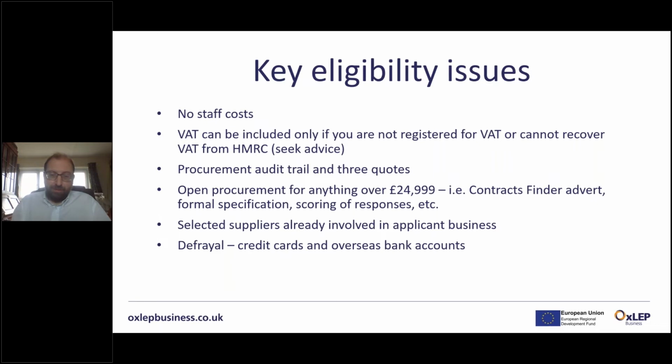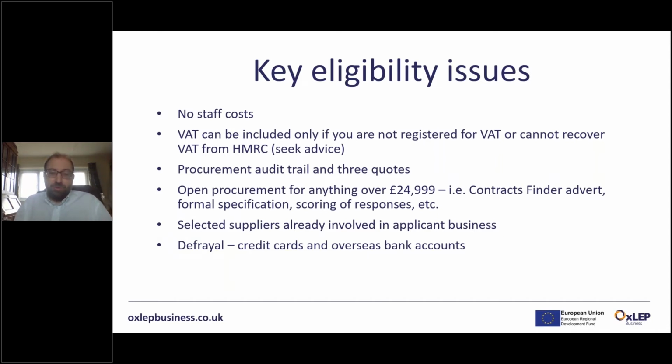So, for example, if you are looking to fund some Facebook advertising, the only place you can really get a quote for Facebook advertising is Facebook, because that's who you would pay. So for anything similar to that, you can justify a single quote, but you will need to have a robust justification for that. Failing that, we do need to see 3 quotes.